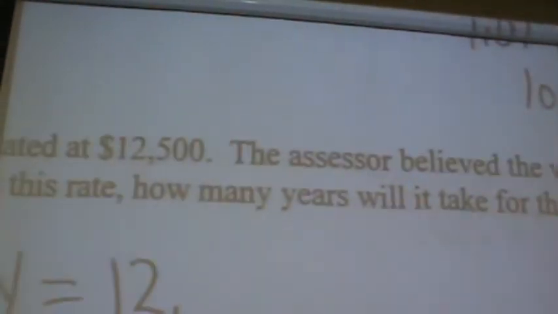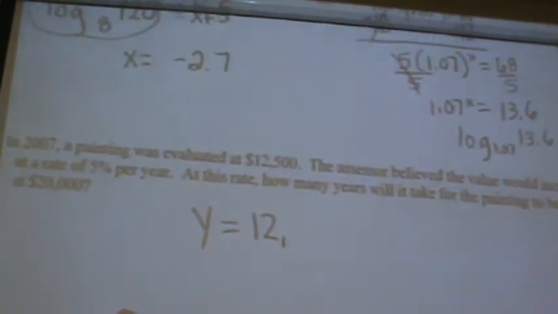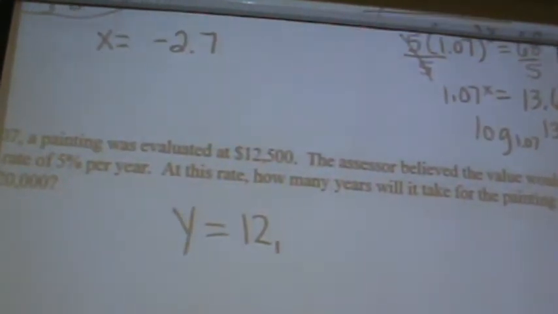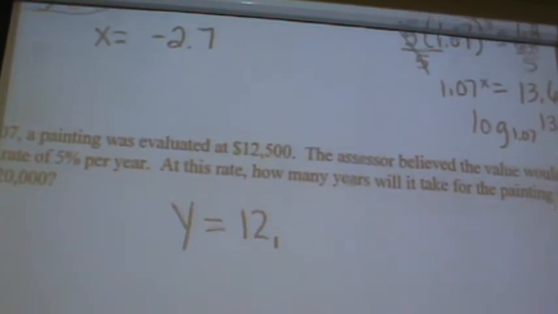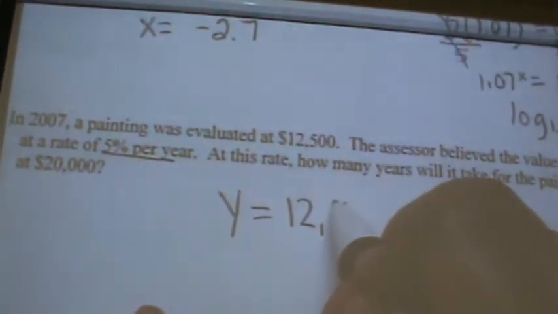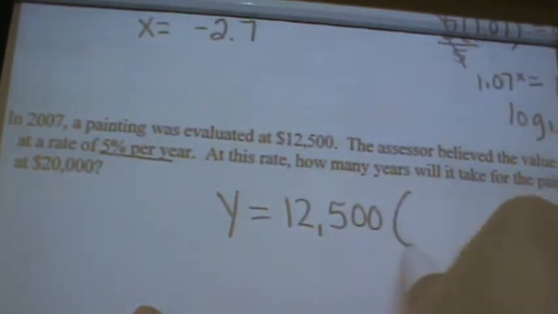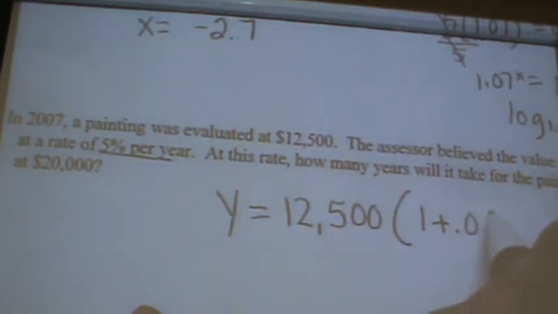Okay, 24, we have a painting that was evaluated at 12,500, and the assessor says that the value is going to increase in value 5% each year. So the initial amount is 12,500, it's going to increase by 5%.